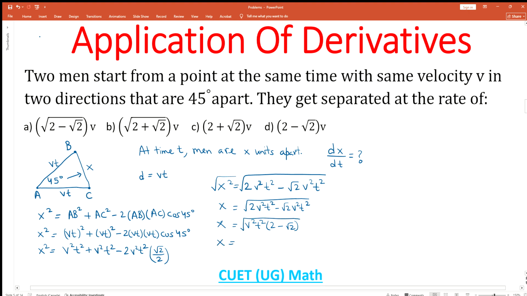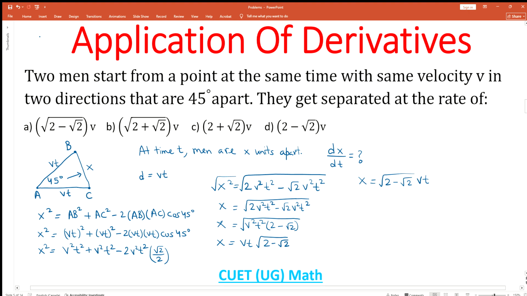The square root of v squared is equal to v. The square root of t squared is equal to t. This is the equation for x in terms of t. As I mentioned earlier, v is a constant in this equation because the two men move with a constant velocity v.